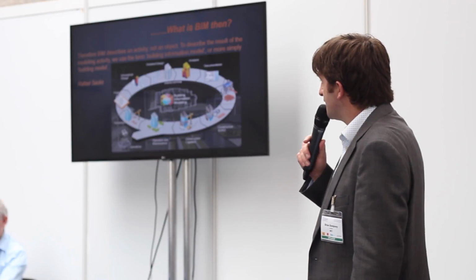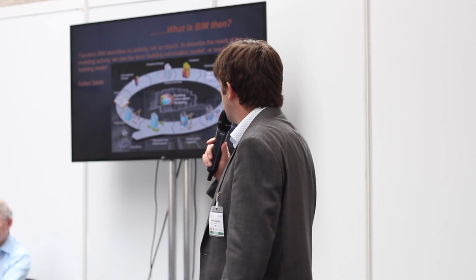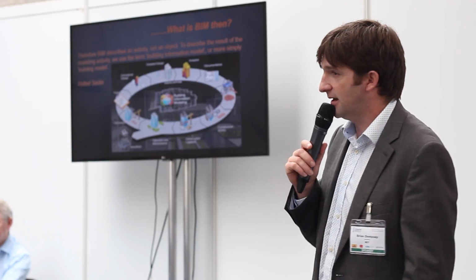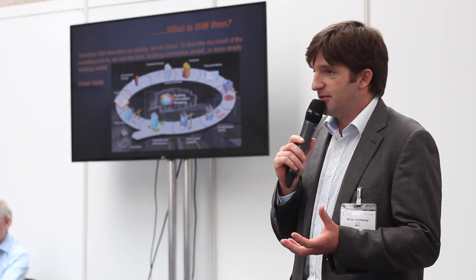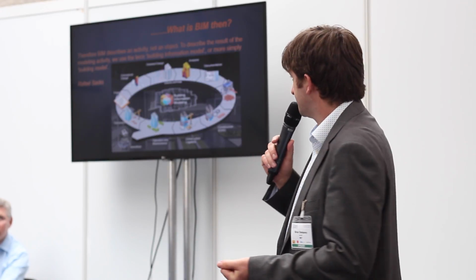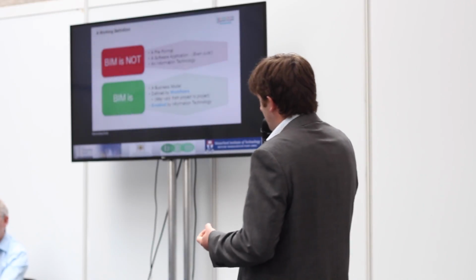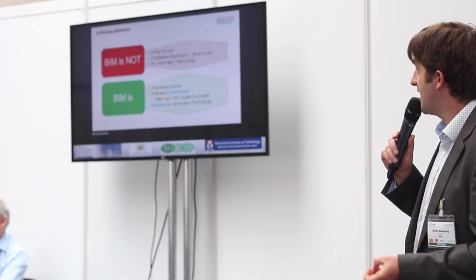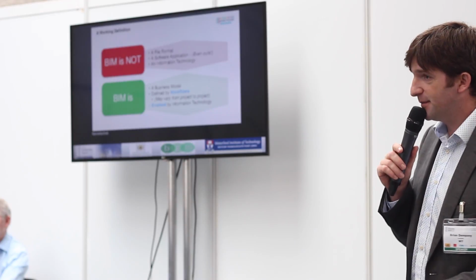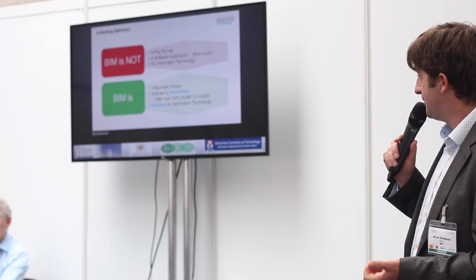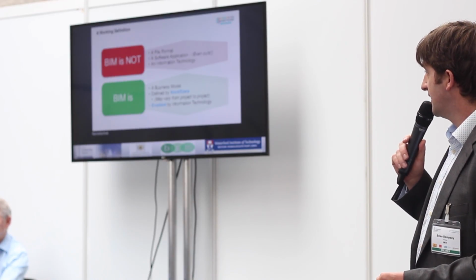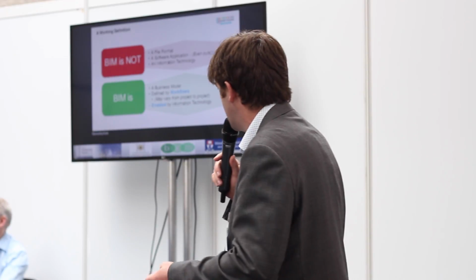To describe the result of the modeling activity, we use the term building information model, or simply a building model. So it's not about the model per se, it's about what you do with the model. It's not a file format, it's not a software application, it's not an information technology. It is a business model defined by workflows, and it's enabled by information technology.